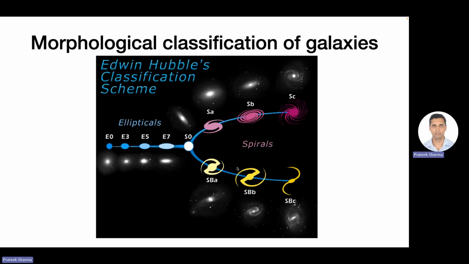So if you put 1 parsec at a distance of a megaparsec, what is the angle between two stars in Andromeda, for example? It's 10 to the minus 6 radians, right? So that would correspond to how many arc seconds? 0.2 arc seconds, right?